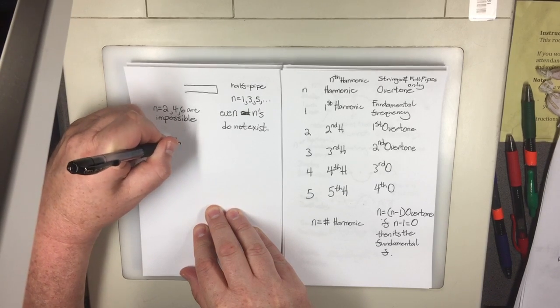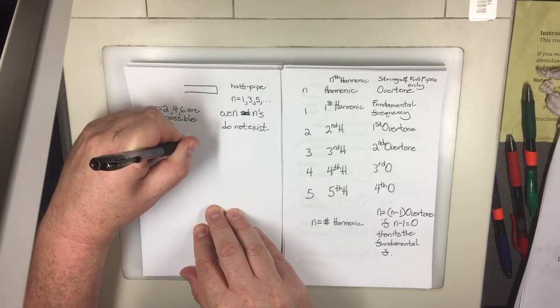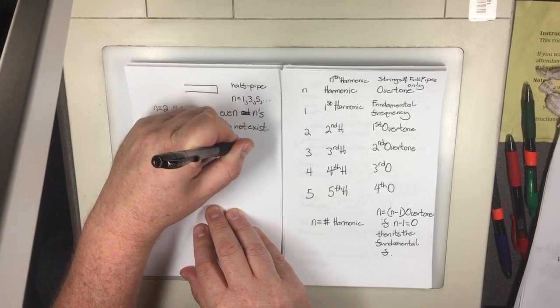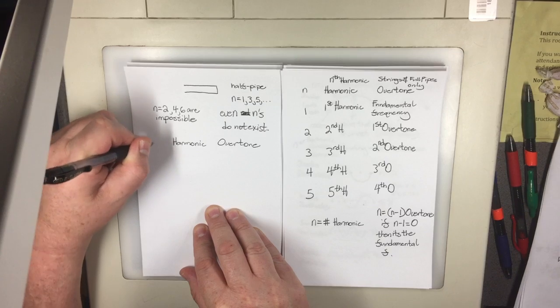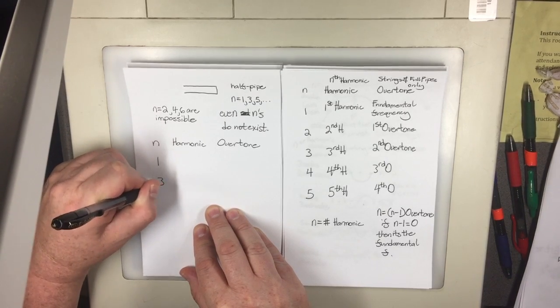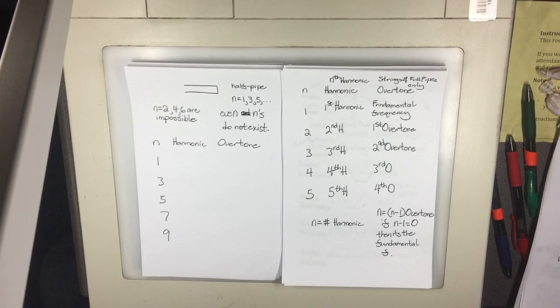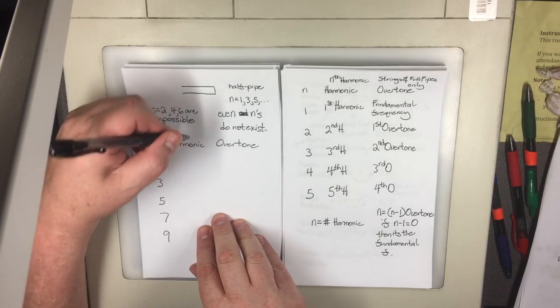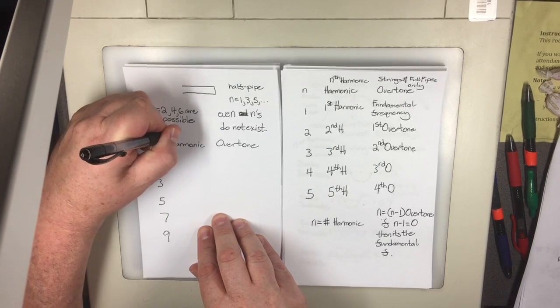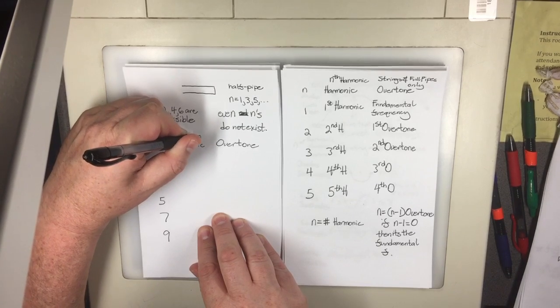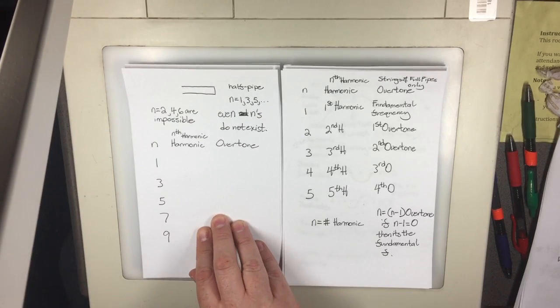So for harmonic and overtone, the numbers go 1, 3, 5, 7, 9, etc. The harmonic system is just based on its n value.